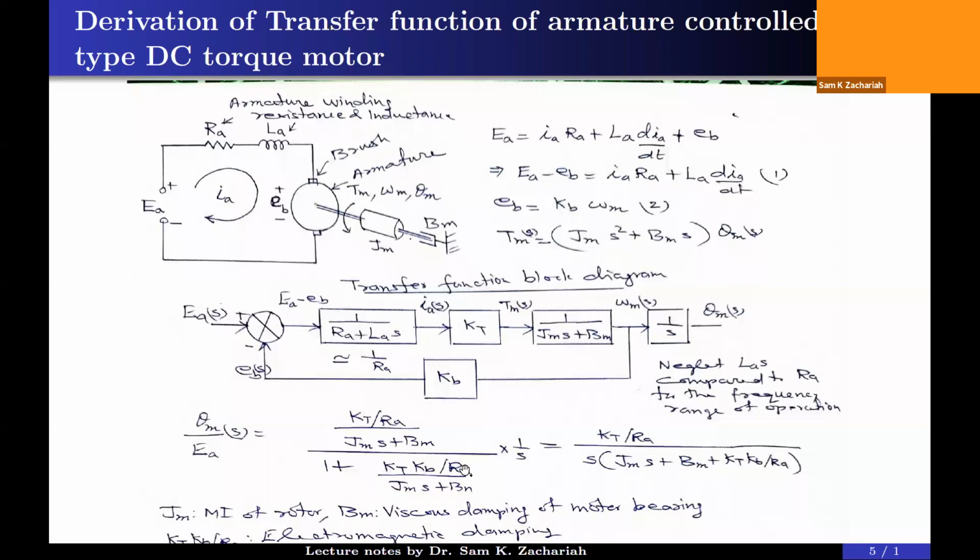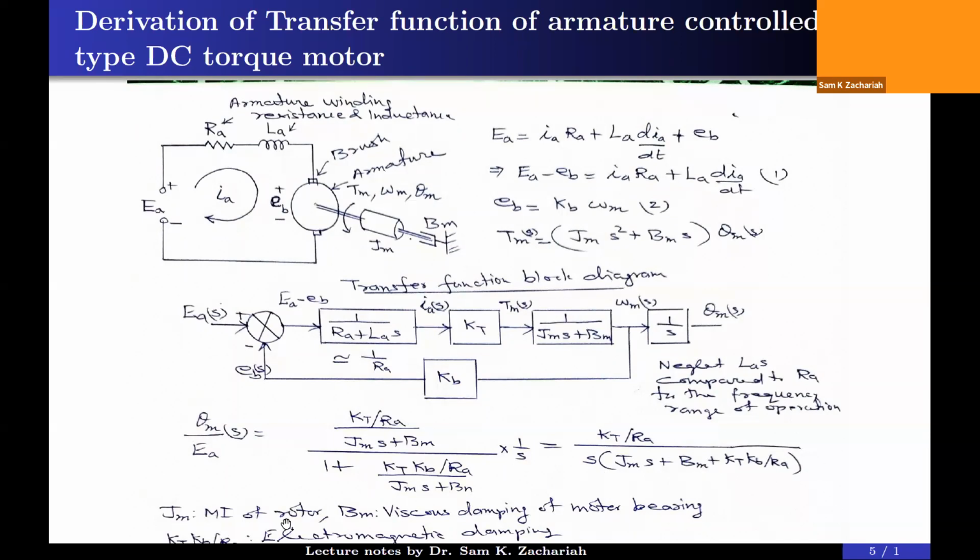Taking it outside, KT by RA by (JM S plus BM) is the value of G. The same formula can be simplified like this: KT by RA, S into (JM S plus BM plus KT KB by RA).